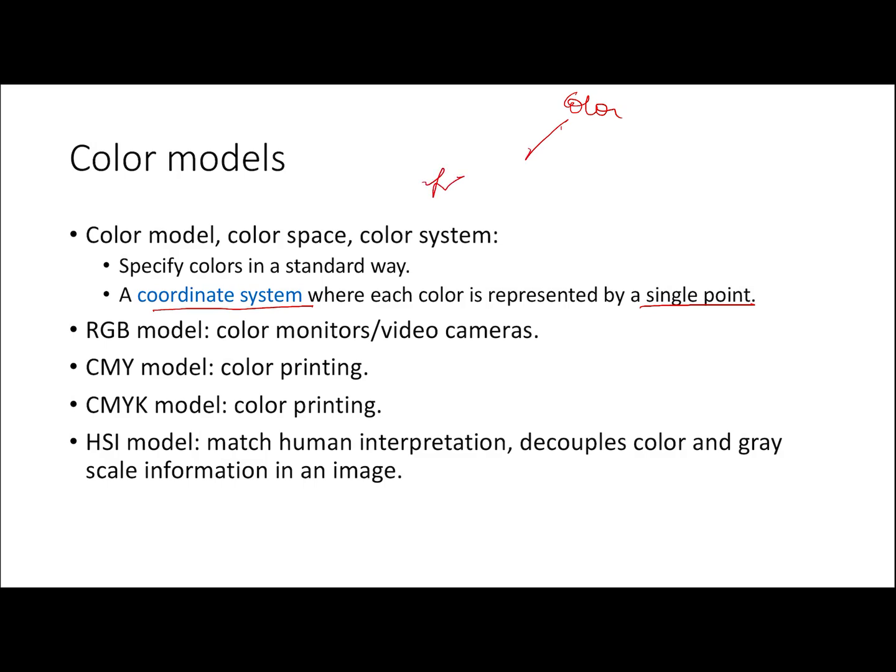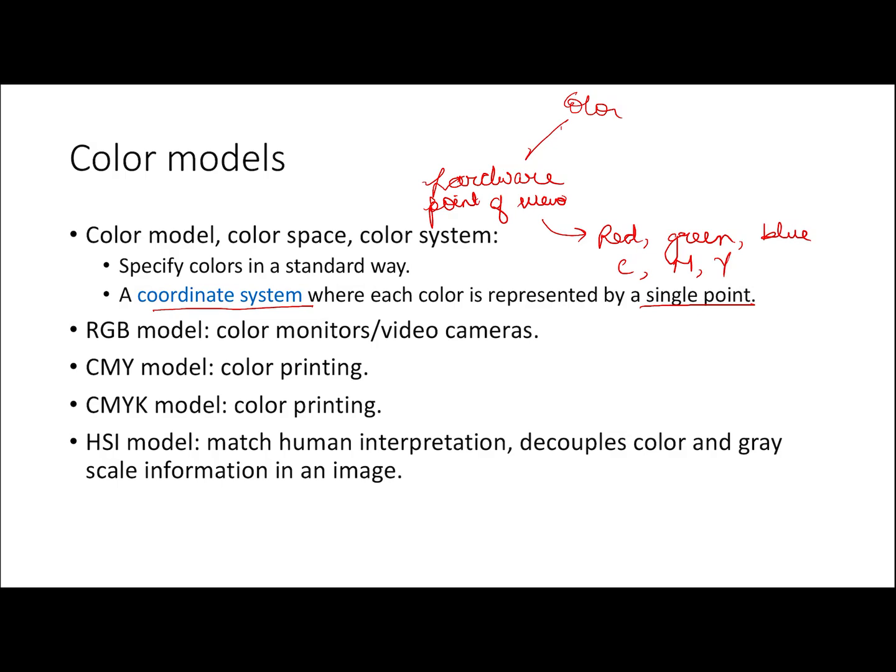Now, as we have said, we have two ways of describing color. One from the hardware point of view, and in this we have red, green, blue, or cyan, magenta and yellow.